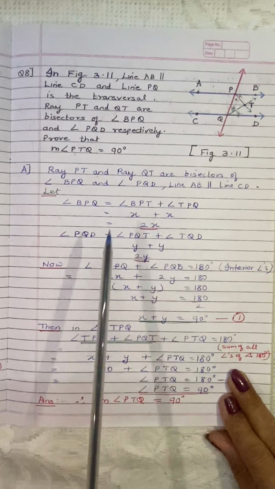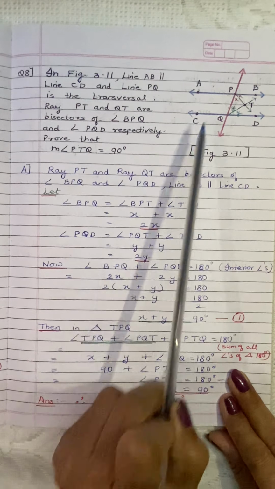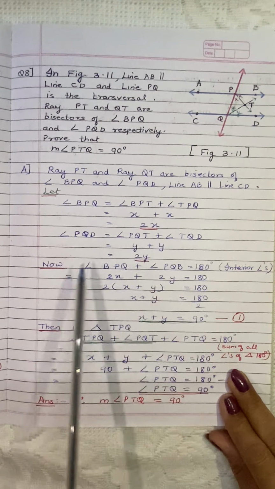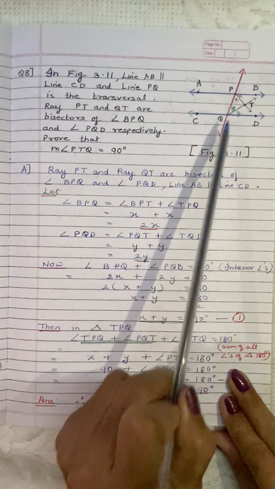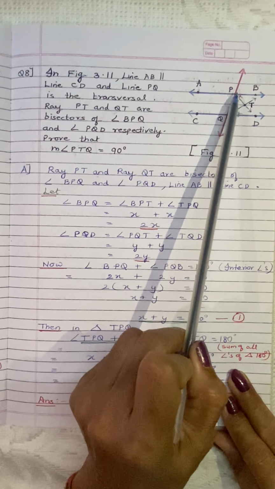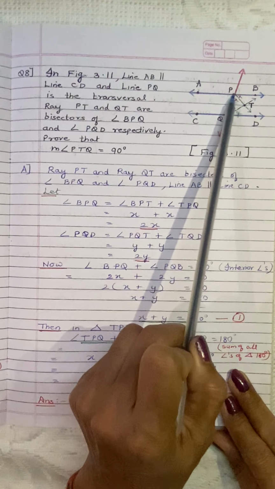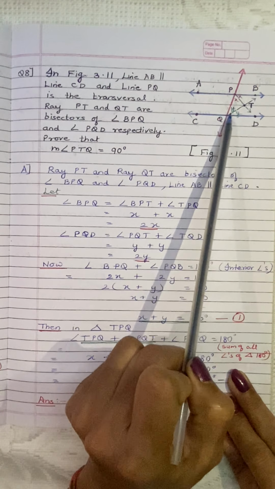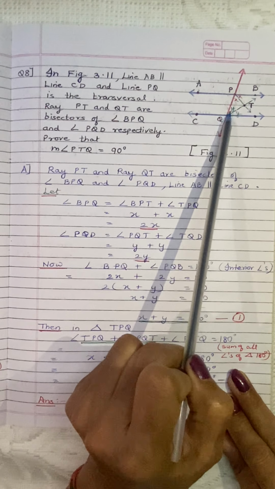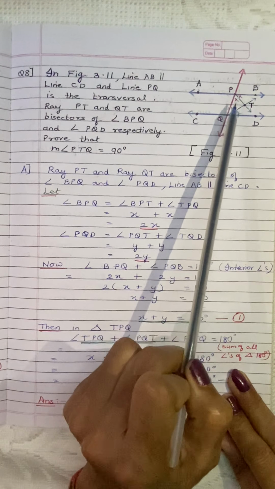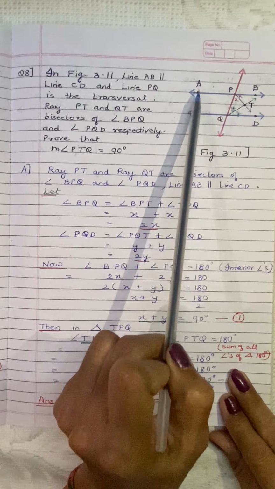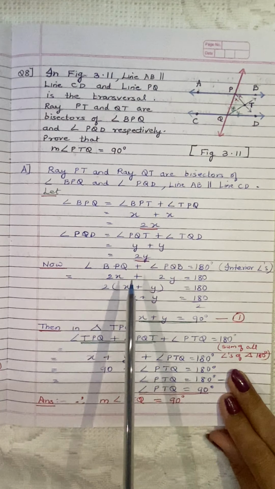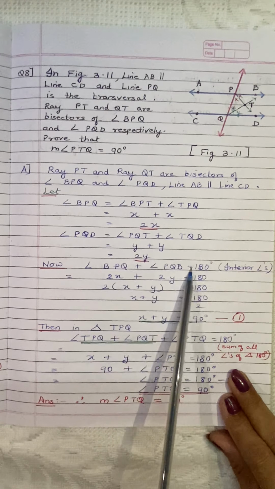So y plus y is the measure of angle PQD. As these angles are in between the parallel lines, they are called interior angles, and interior angles are always supplementary. So this angle plus this angle should be equal to 180 degrees as the lines are parallel. So BPQ plus PQD is equal to 180 degrees.